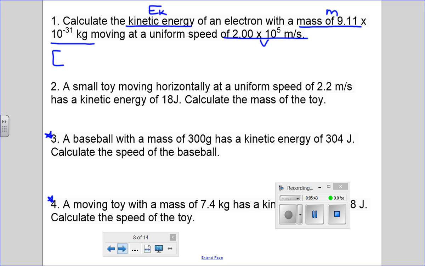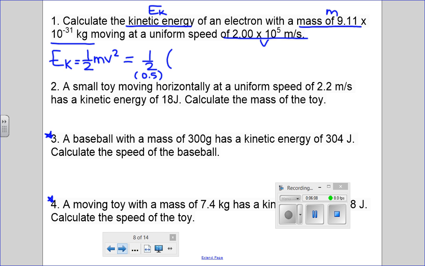So my formula is that kinetic energy is 1/2 mv squared. So I'm going to fill in the numbers that I'm going to actually use. 1/2, or you could easily write 0.5, doesn't matter to me. And then I want you to notice that I have the habit of putting brackets around things.